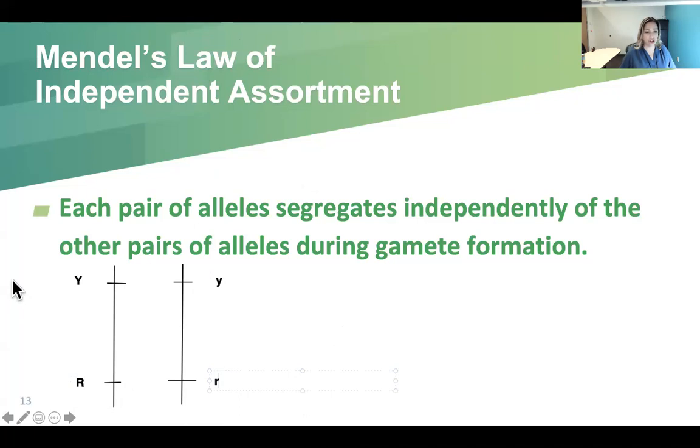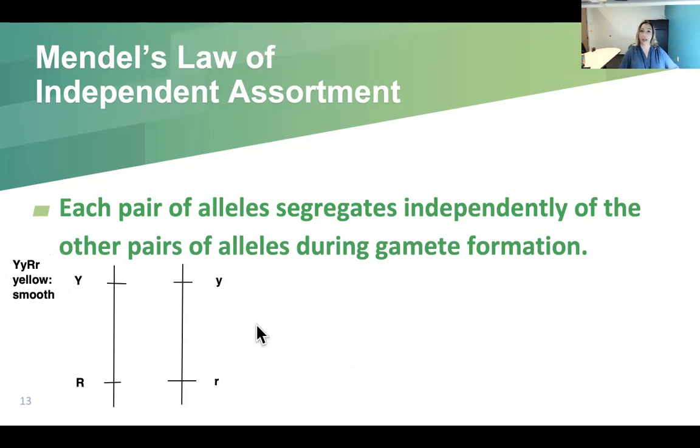So let me write the genotype, the full genotype of this individual. This individual would be big Y, little y, big R, little r. And they would be yellow, smooth. Okay.